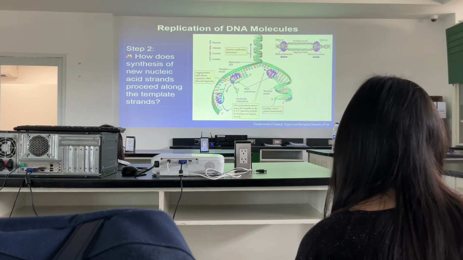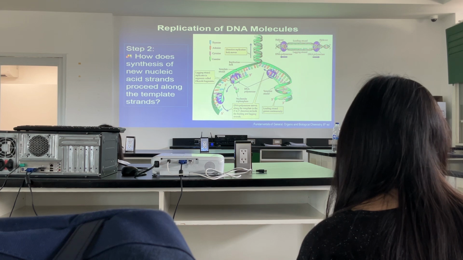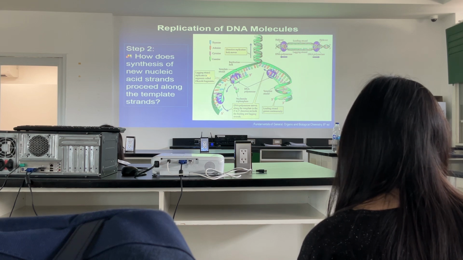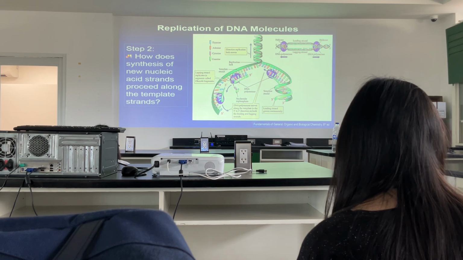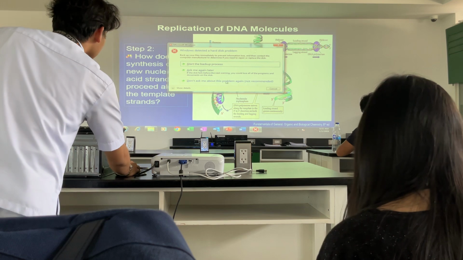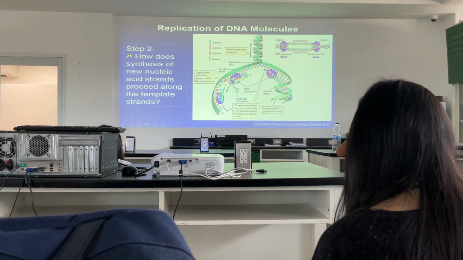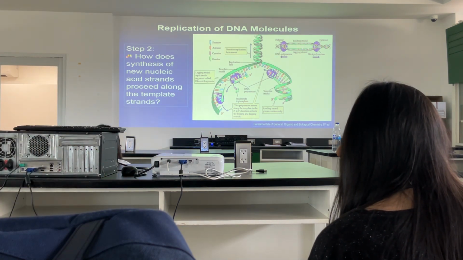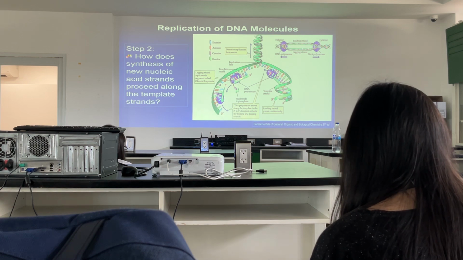In the opposite strand, the new strand that will be formed is called the lagging strand. It lags, L-A-G-G-I-N-G. So when it lags, synthesis of a new strand will occur by fragments. We call them Okazaki fragments.